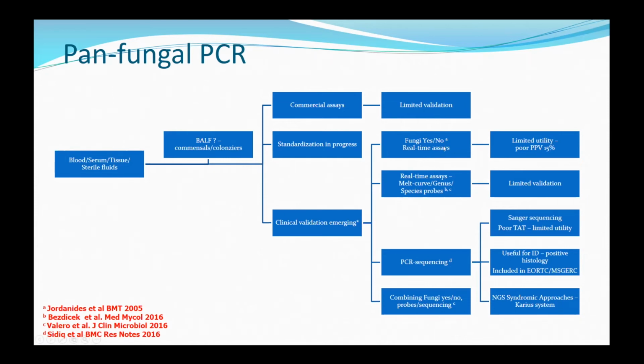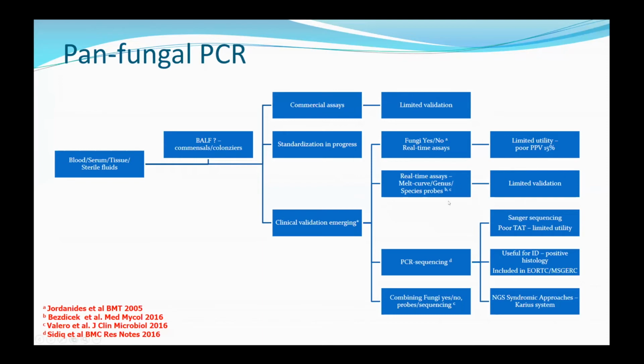Yes, fungi are present, no, fungi are absent. And I think the problem with those types of assays is that the sensitivity is compromised by such a broad detection range, and the specificity and subsequent positive predictive value is poor because of the potential of picking up these commensals, but also because you can get false positivity due to contamination with environmental fungi during the extraction process required to perform fungal PCR testing.